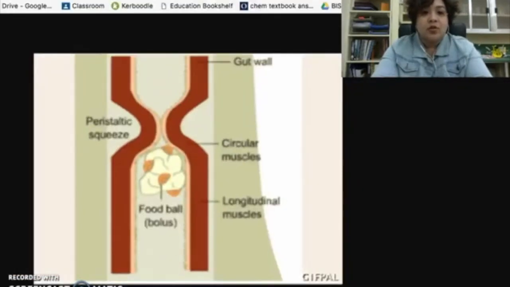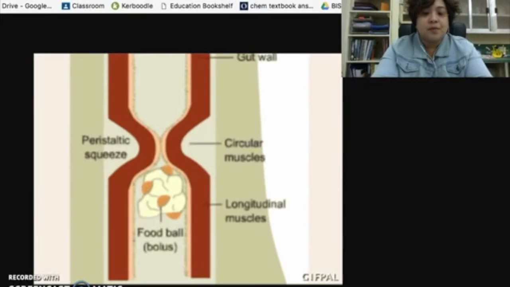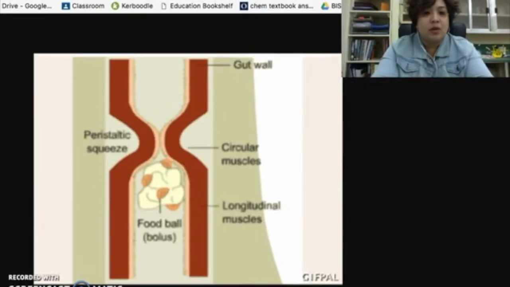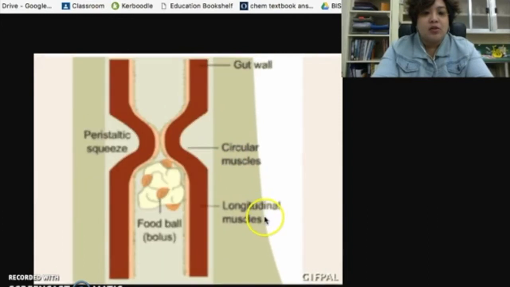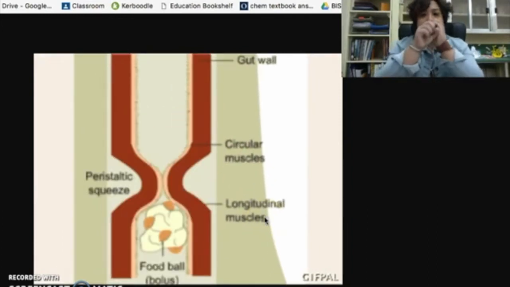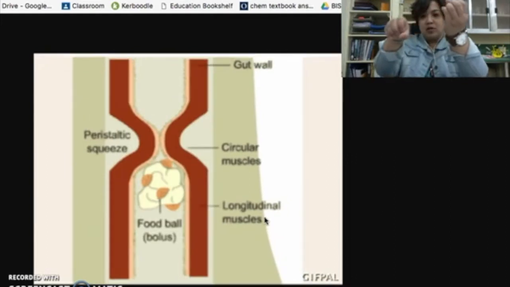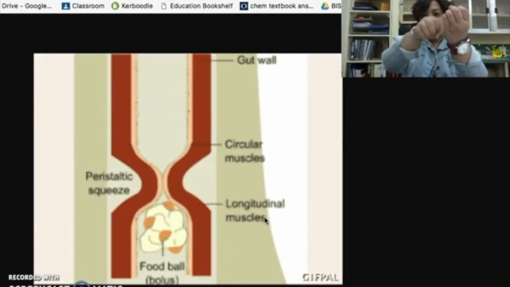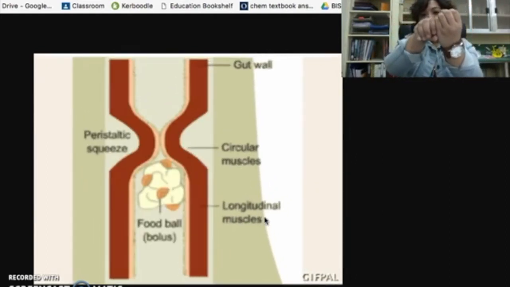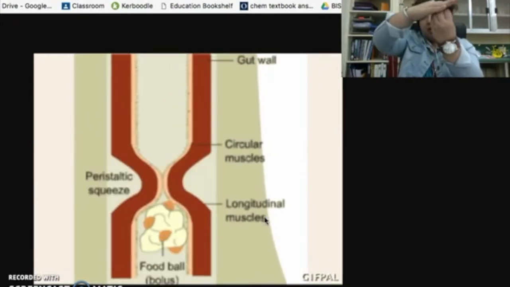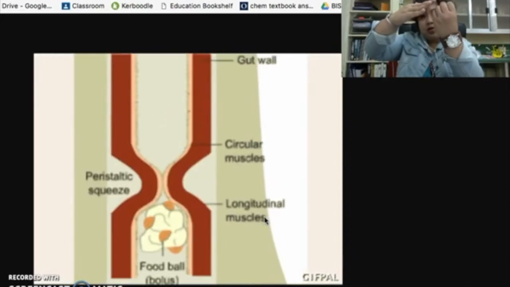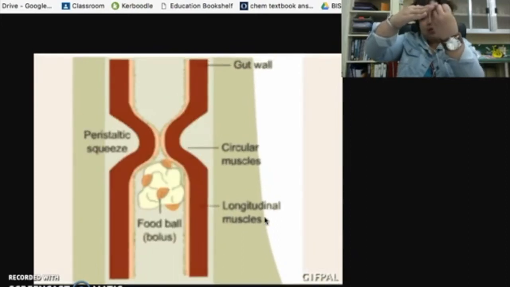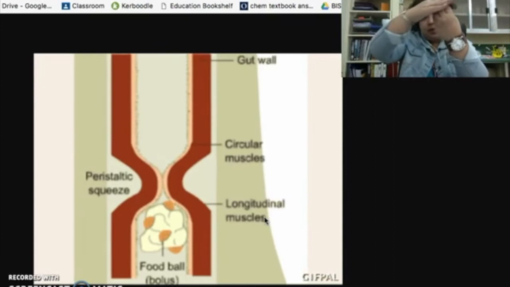So you need to know here your two muscles in charge of producing that peristaltic movement or peristaltic wave. You have your circular muscle, and your longitudinal muscle. Imagine my hands are the circular muscles around the diameter of the intestine, and your longitudinal muscles are on top, lengthwise.